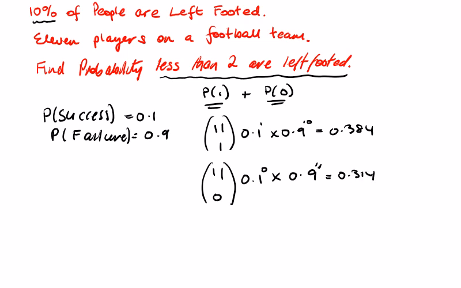Sorry, I'm jumbling them up. Adding them, we get 0.698, which we round off to 0.7. Or as a percentage, 69.8% or 70% of the time you'll have a team where less than 2, just 1 or none of them, are left-footed.